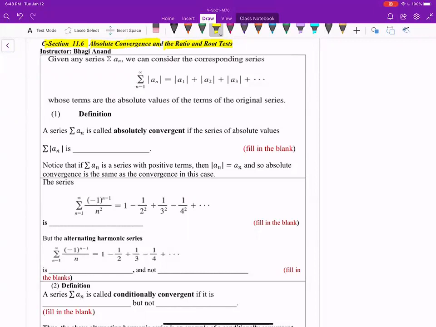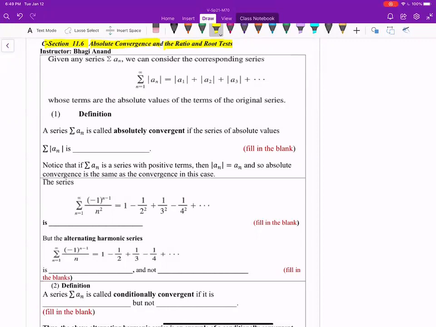Certain tests are applied only to series of positive terms. So we have seen the integral test, comparison test, limit comparison test along those lines. And then we have also seen series which have alternately positive and negative terms, which is called an alternating series.